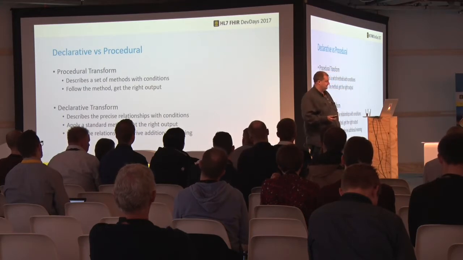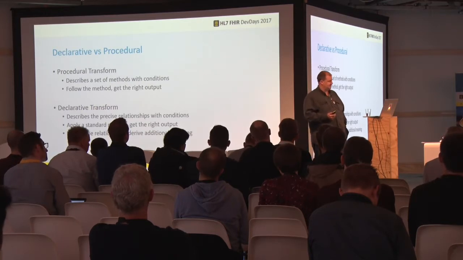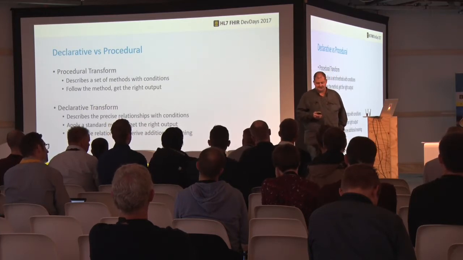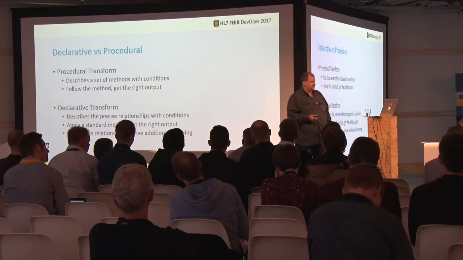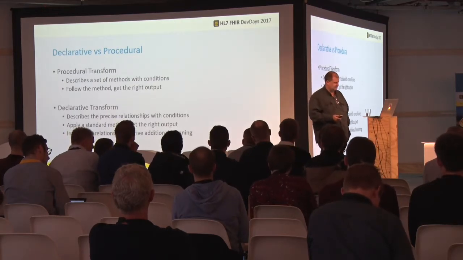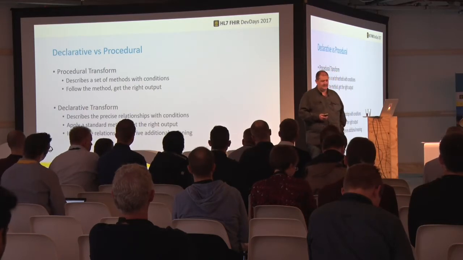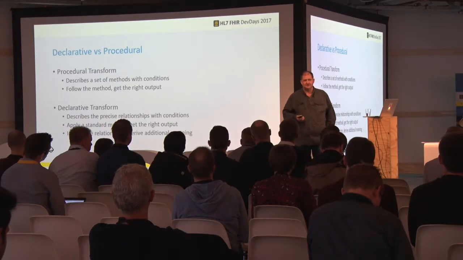But Keith from MVT pushed me really hard on this, and we ended up defining a declarative transform. The declarative transform has no process associated with it. All you do is specify the precise relationships, and the conditions under which the relationships apply, between the source and the destination.